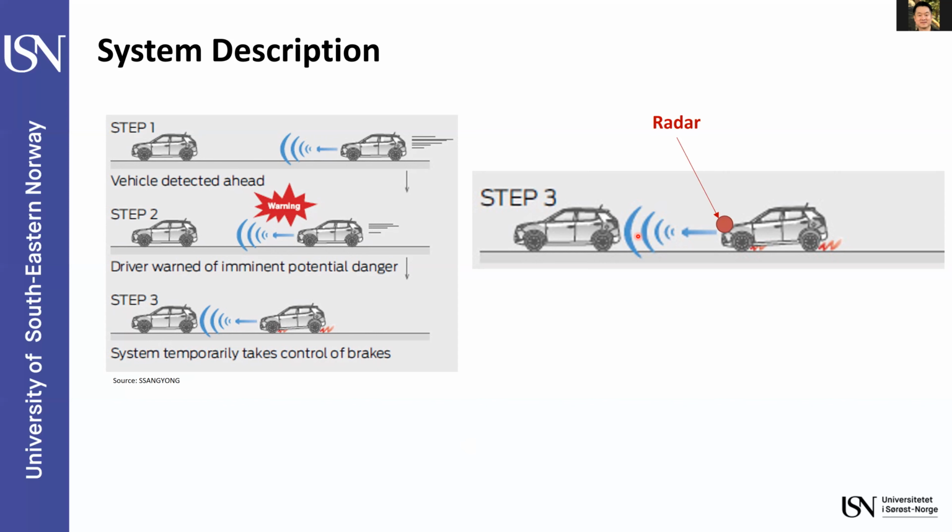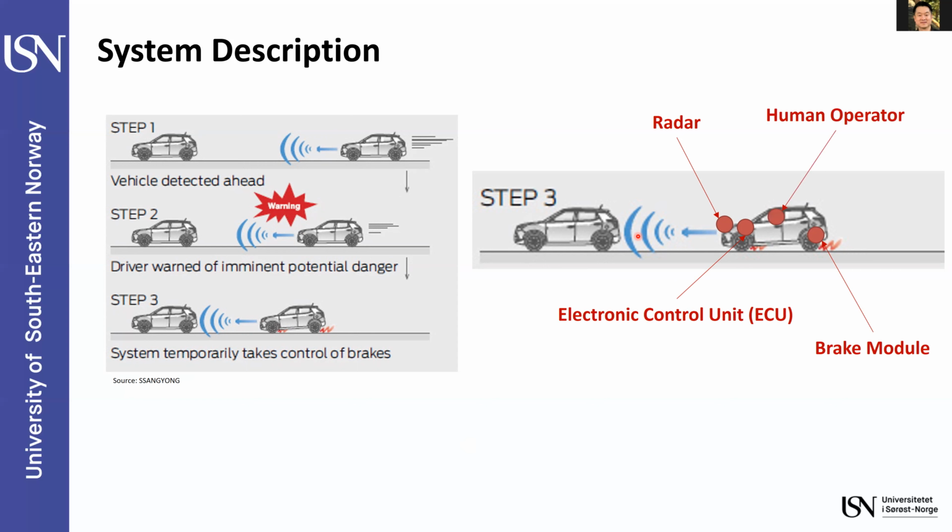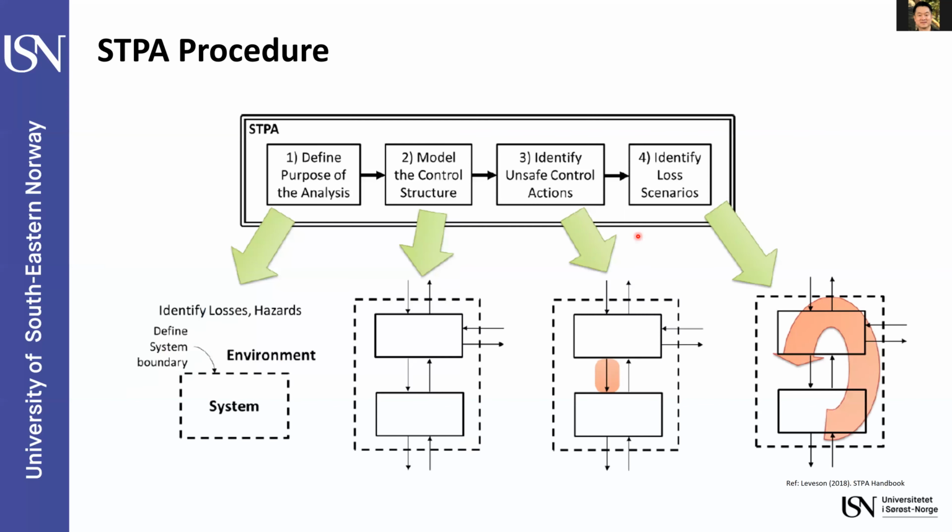Let's say that we have a radar as a sensor, an electronic control unit, ECU, as a controller, a brake module as an actuator, and the human operator, the driver, as another controller. So use this case and follow these four steps and conduct the STPA analysis.